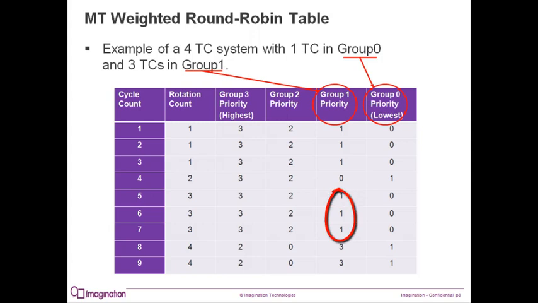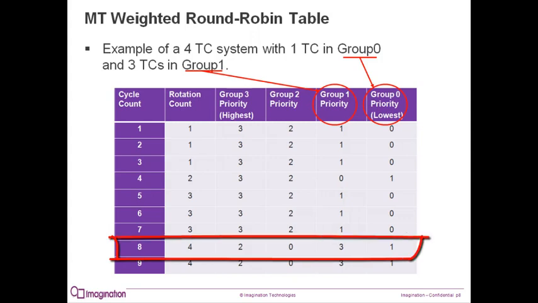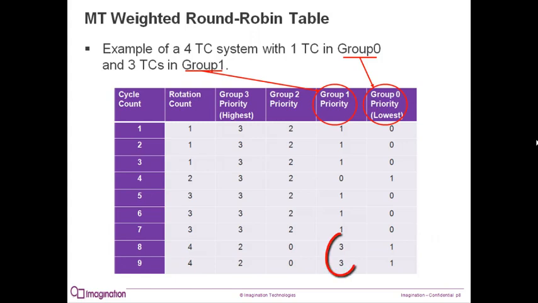Each thread in that group runs 1 cycle in turn. Then the priority rotates again, but for this rotation, group 1 is still the highest priority group with runnable threads, so it will run for 3 more cycles.